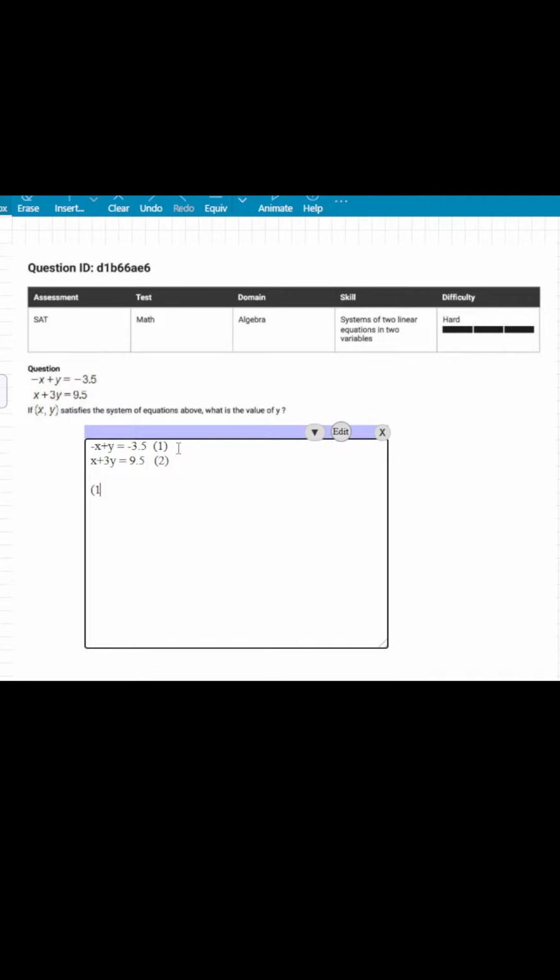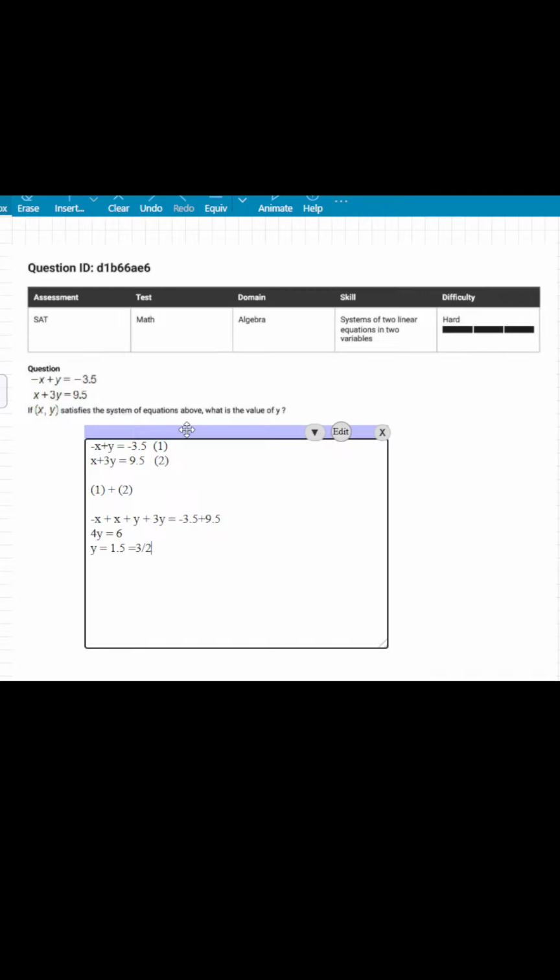So then equation 1 plus equation 2 will be minus x plus x cancels out, and we have y and 3y is equal to minus 3.5 plus 9.5, and this will be equal to 4y is equal to 6. So y will be equal to 1.5 or 3 by 2.